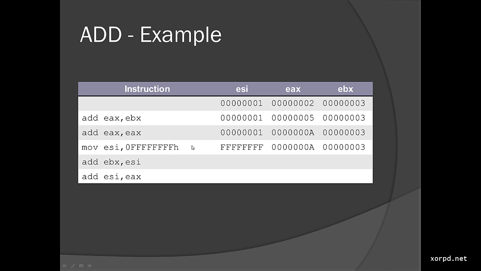This is maybe the first interesting or very interesting thing in this table. And why is that? Because ESI is already a very large number. If you think about it in binary terms, it is made only of ones. And we are going to add this number 3. We are expecting to see some kind of wraparound. What result are we going to get? Try to think about it for a moment.